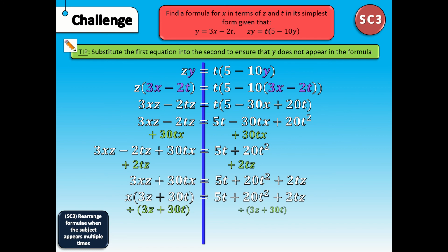Then we divide both sides by 3z plus 30t. So x equals 5t plus 20t squared plus 2tz over 3z plus 30t.